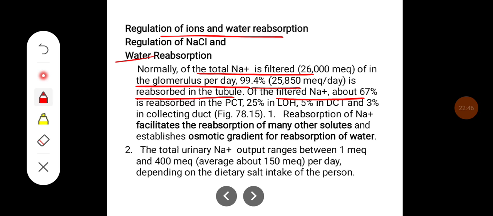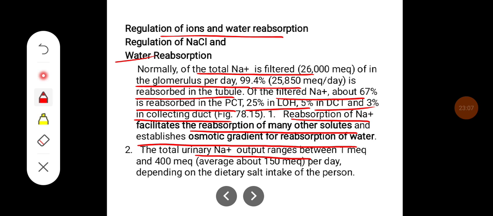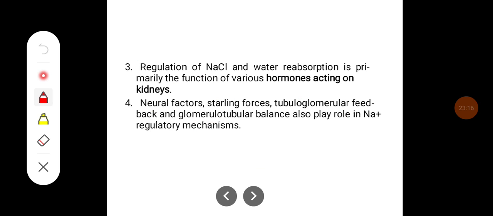Of the filtered sodium, about 67% is reabsorbed in the PCT, 25% in the loop of Henle, 5% in the DCT, and 3% in the collecting duct. The reabsorption of sodium facilitates the reabsorption of many other solutes as we discussed and establishes the osmotic gradient for reabsorption of water. The total urinary sodium output ranges between 1 milliequivalent to 400 milliequivalents and averages about 150 milliequivalents per day, depending on the dietary salt intake.